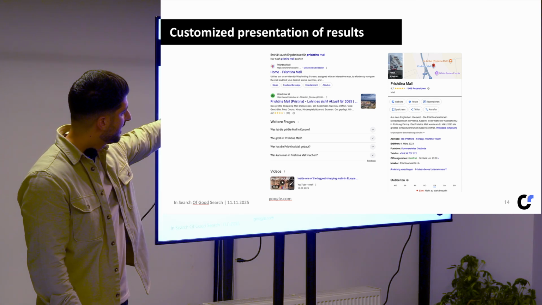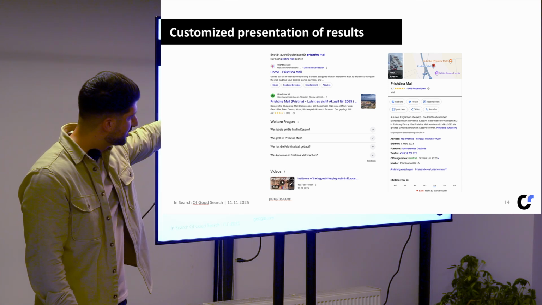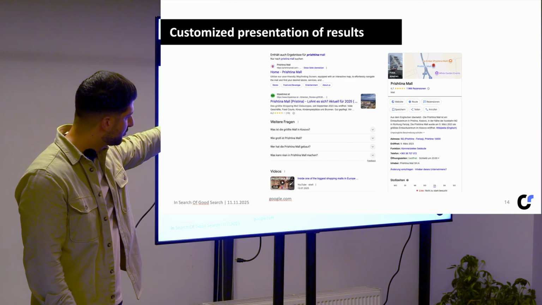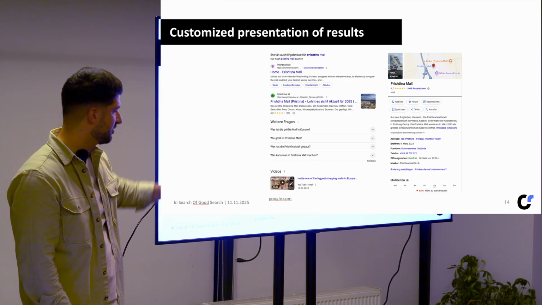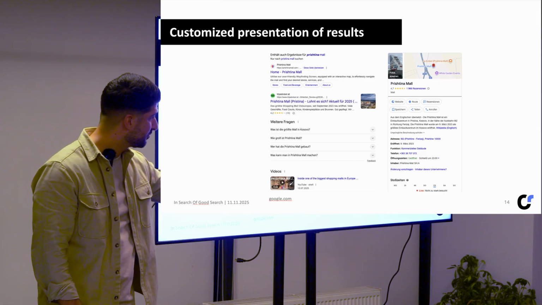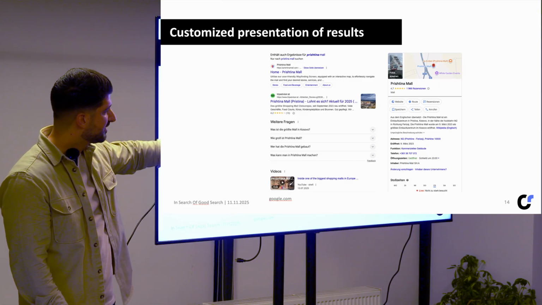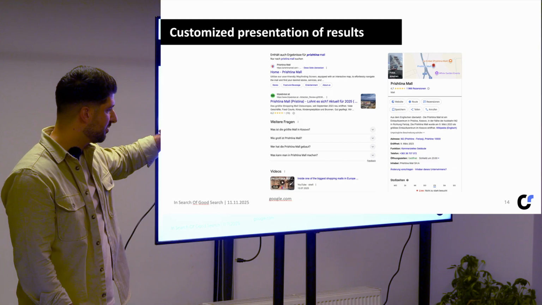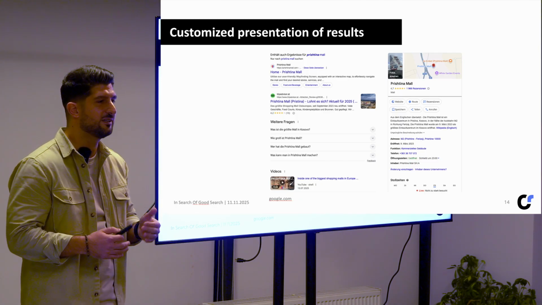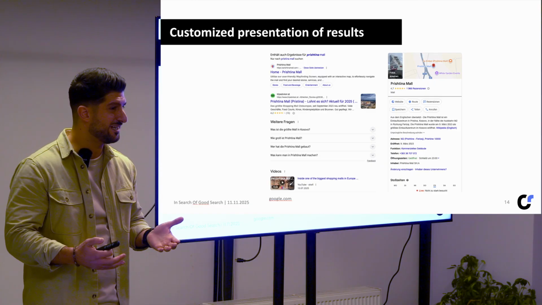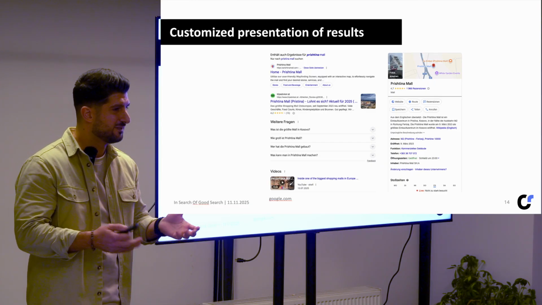Then here we have the website of Pristina Mall, TripAdvisor reviews. Then what's also cool on Google, you have some frequently asked questions and answers, and then also videos. And you see all of this different type of data is visualized in a different way. So what Google is doing here is it actually offers me a customized landing page for my individual search query.